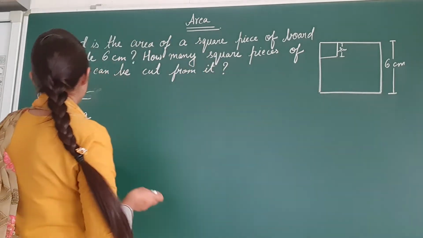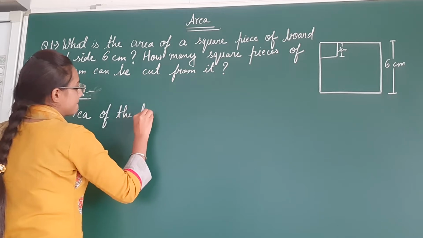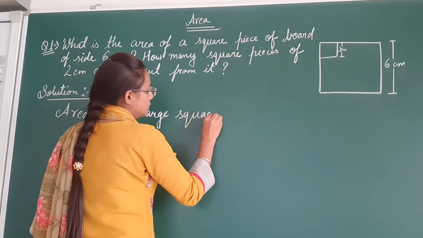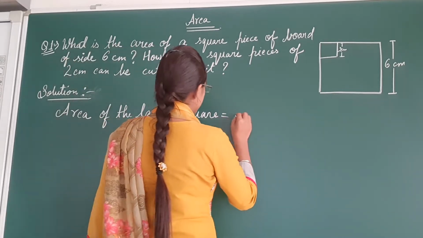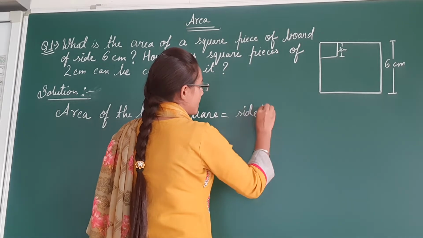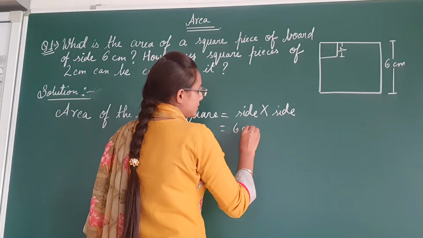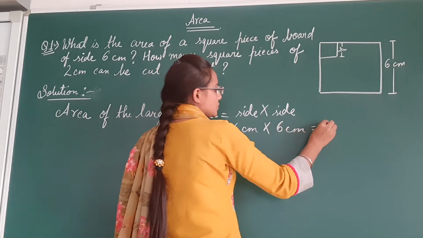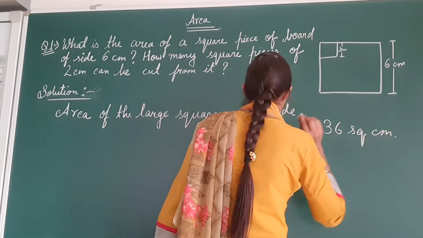So we will write here: area of the large square is equal to side into side, or length into length. That is 6 centimeter into 6 centimeter, equal to 36 square centimeter.